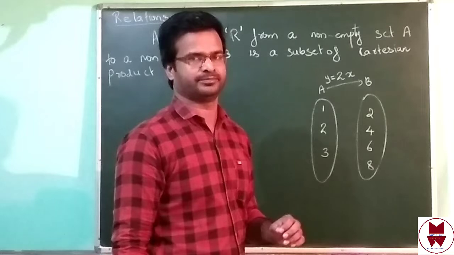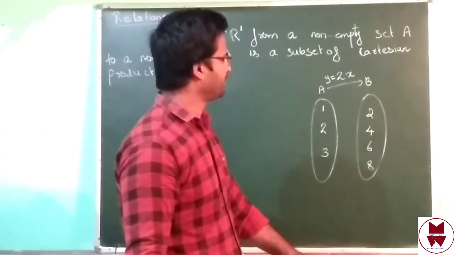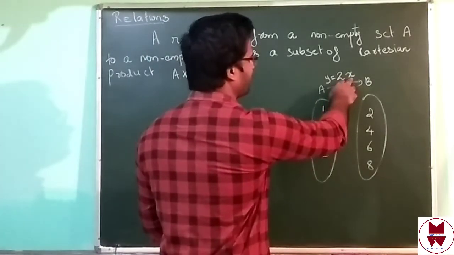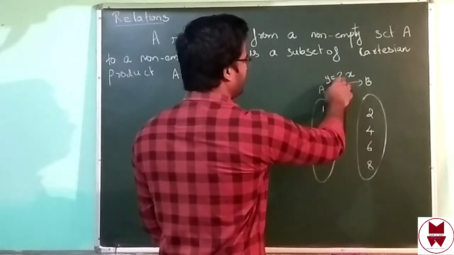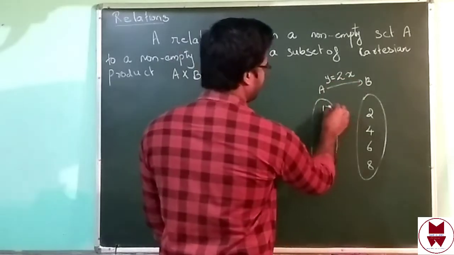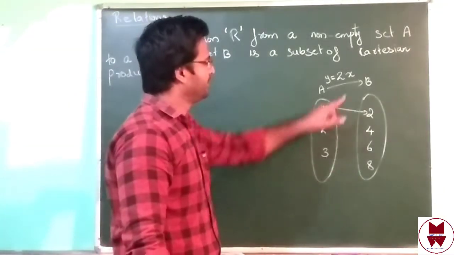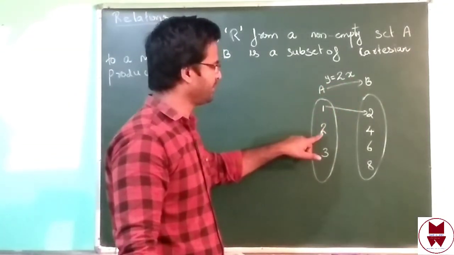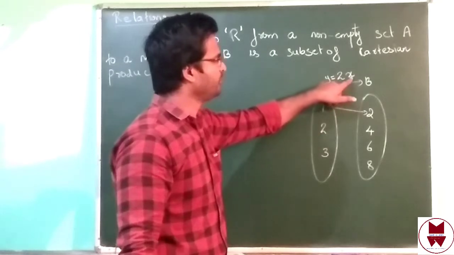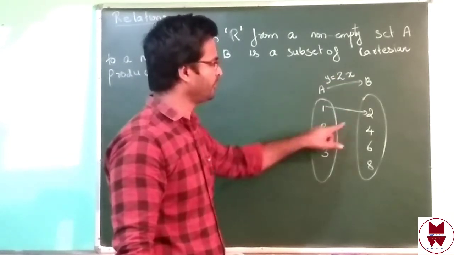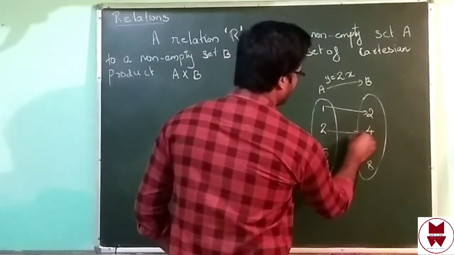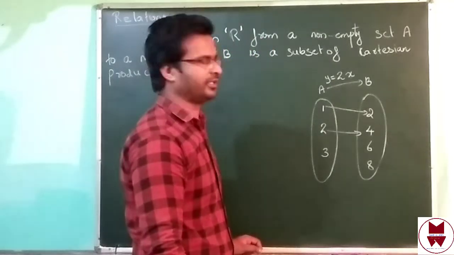from set B. To make the relation, first give 1 in place of x: 2 into 1, you will get 2, isn't it? That means we can make one relation, 1 and 2. Then in the place of x give 2: 2 into 2, what will you get? 4, isn't it? That means 2 and 4, one more relation.